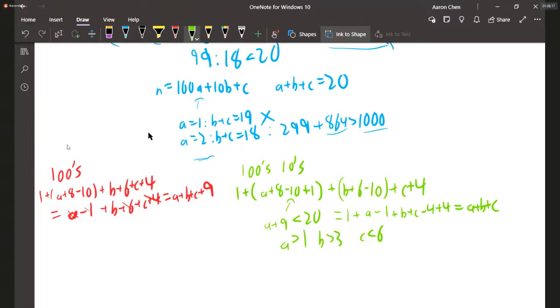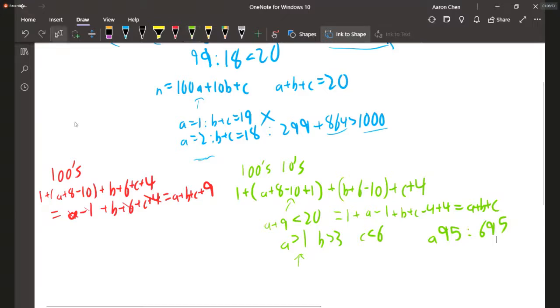And so in order to minimize the value of our number, we can focus on minimizing the value of a. And so to minimize a, we need to maximize b and c. And so the maximum value of c is 5, and the maximum value of b is 9. And so you want to find the value of a such that the sum of its digits is 20, and you can easily see that it's 695.